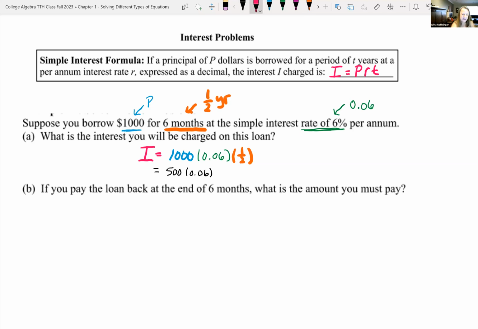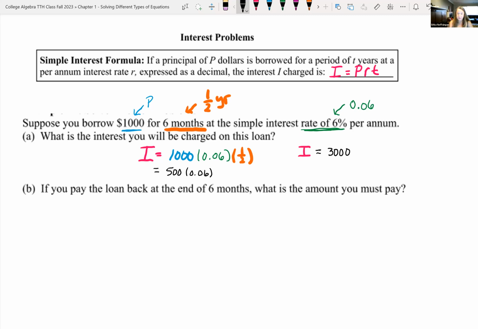And so I get my interest on what I borrowed is 500 times 0.06. I'm going to do this without a calculator because I don't have one in front of me right now. So 6 times 5 is 30. I'm going to carry the 2 zeros from the 500.